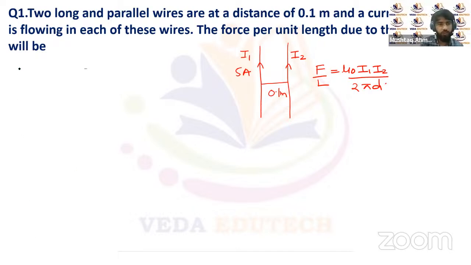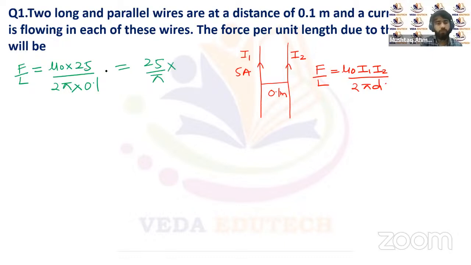So let's calculate the force per unit length for this question. F upon L will be mu naught times I1 I2, that is 5 into 5, which is 25, divided by 2 pi d. The separation between the two wires is given as 0.1, so we can write it as 25 upon pi, multiplied by mu naught, that is 4 pi into 10 to the power minus 7.